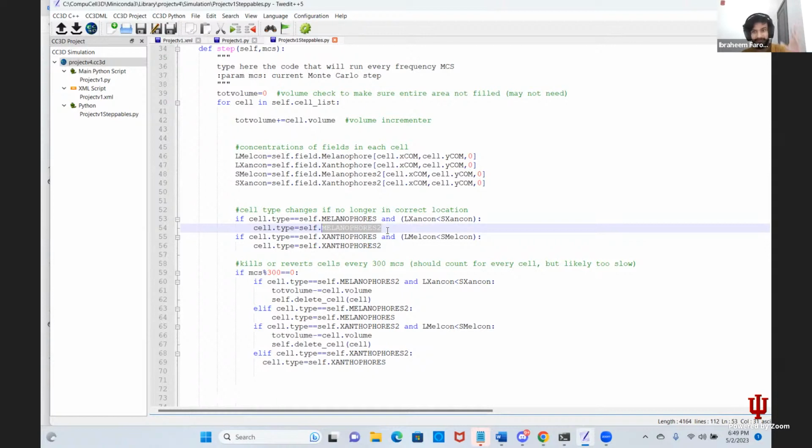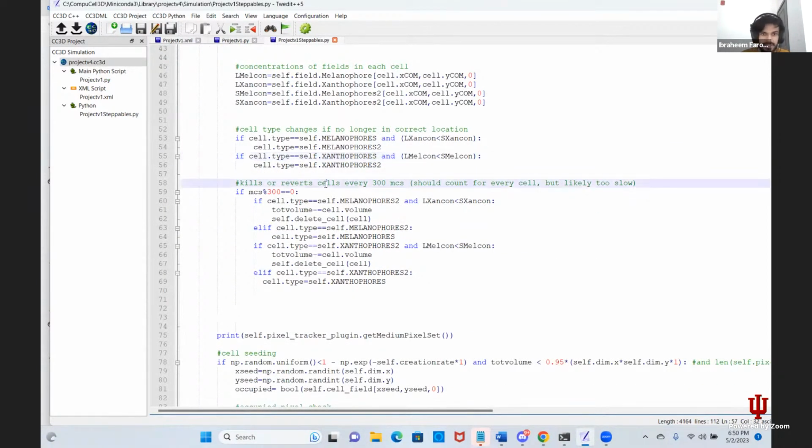I recognize that might be confusing given that they have the same name, melanophores and melanophores 2 are the same as their chemical field concentration names, but they are different. Basically, melanophores will become chemotaxing versions of melanophores if they're close to xanthophores, and vice versa, xanthophores will become chemotaxing versions of xanthophores if they are deemed too close to melanophores.